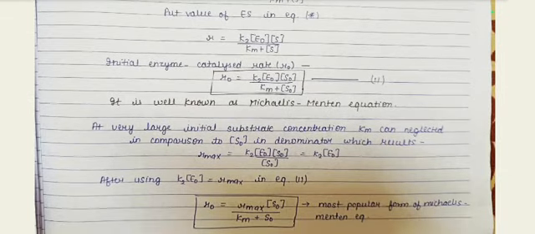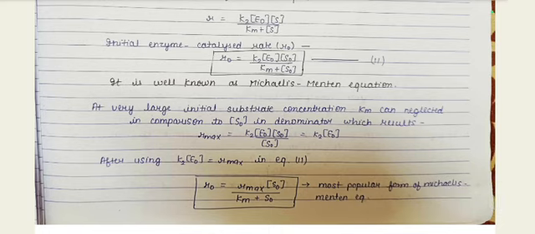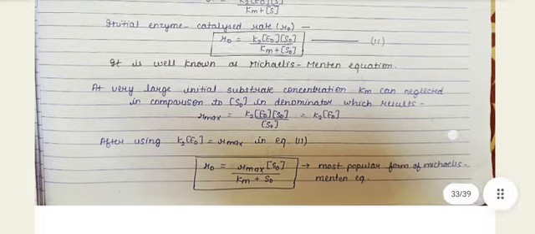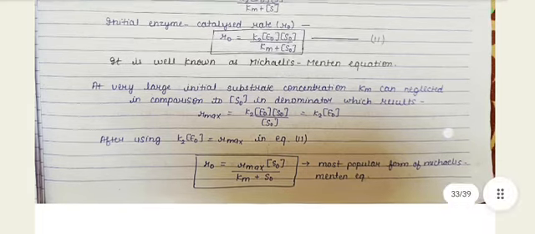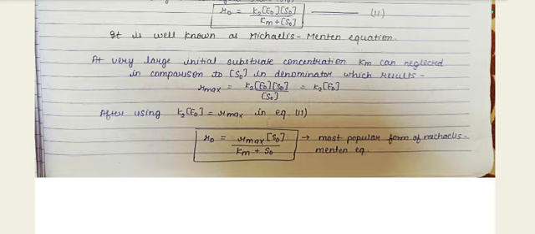Initial enzyme catalyst rate R naught is equal to K2 ES, that is, K2 E naught into S naught by Km plus S naught. It is well known as the Michaelis-Menten equation. At very large initial substrate concentration, Km can be neglected in comparison to S naught in the denominator, which results in R max equal to K2 E naught into S naught by S naught, that is, K2 E naught.